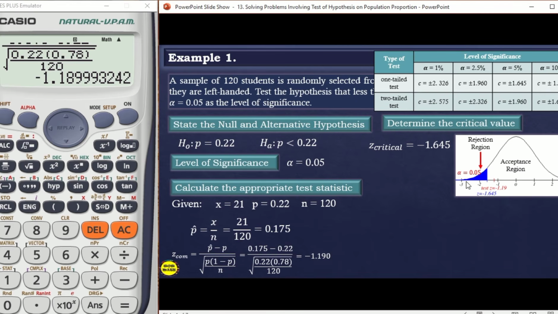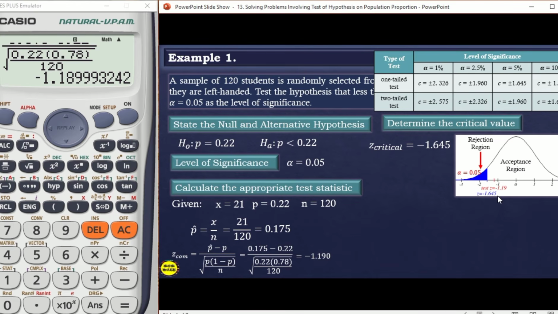And then yung shaded part na to, ito yung rejection region natin. Ngayon, tingnan natin kung saan makikita yung computed value natin na negative 1.190. Nandito yung computed value natin, ito. So wala siya dun sa rejection region natin, nasa acceptance region.